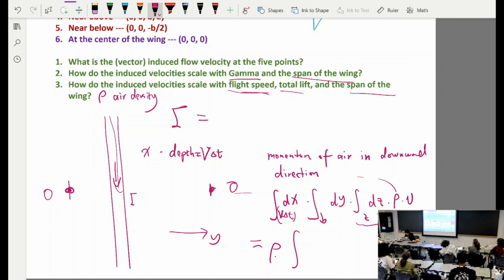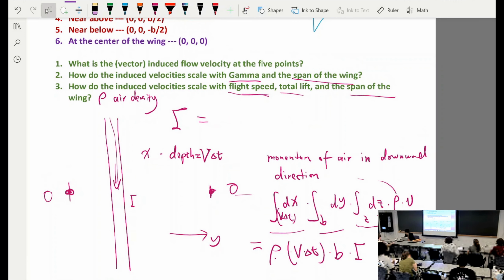So these two integrals are integrals over constants. I can just do V delta t, the x extent, times b, the y extent, times the z integral, which is gamma. That's how much momentum of air I get in a time of delta t.